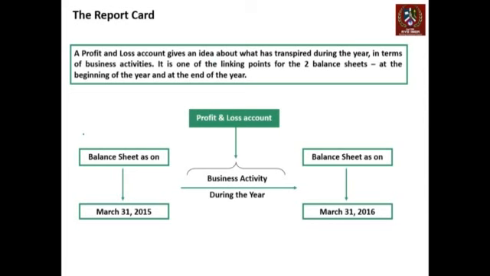The balance sheet is as on a point of time, so that's a snapshot. And you have another snapshot, let's say after a year, of what the business health is. The business activity that the company has taken during the year, what it has produced, what it has sold, etc. All this is what is recorded in the profit and loss account of the particular company. It's one of the linking points of the two balance sheets, at the ending of the last year and the ending of this year, or beginning of this year and ending of this year.